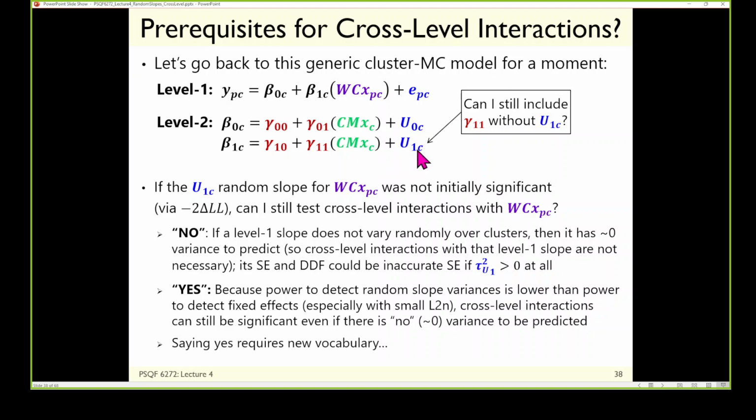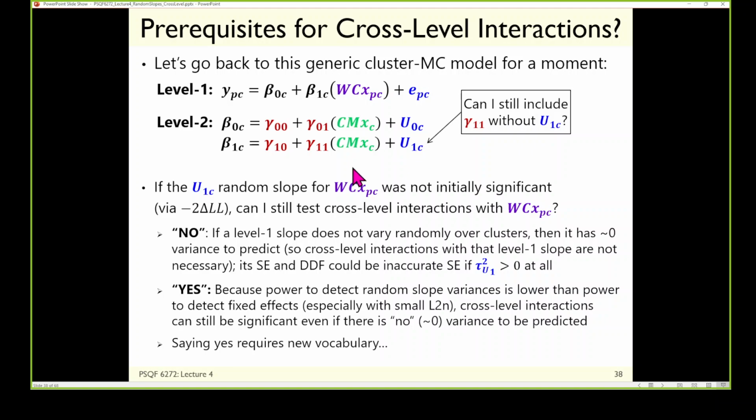So we thought we had cluster differences in this slope. We put in something to explain them, and they all went away. Does that sound good or bad? That would be like a slope R square of 1. Explained it all away. So good.